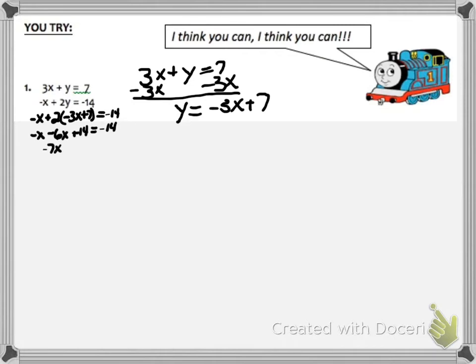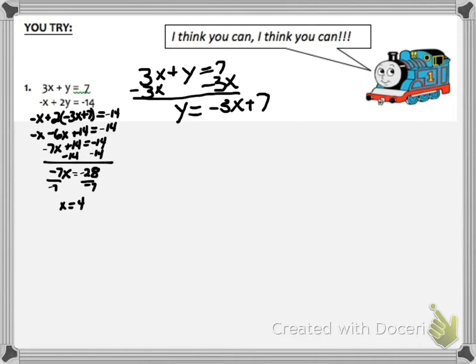Negative 7x plus 14 equals negative 14. Subtract 14 from both sides, and I get negative 7x equals negative 28. Divide by negative 7, divide by negative 7, and I get x equals 4.